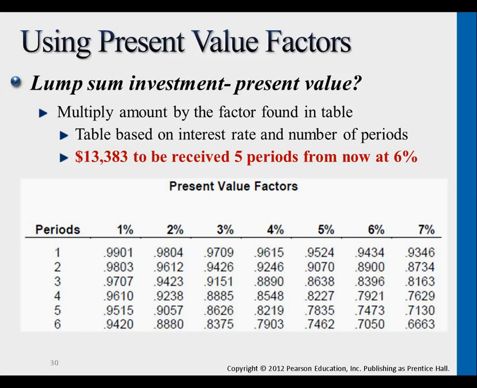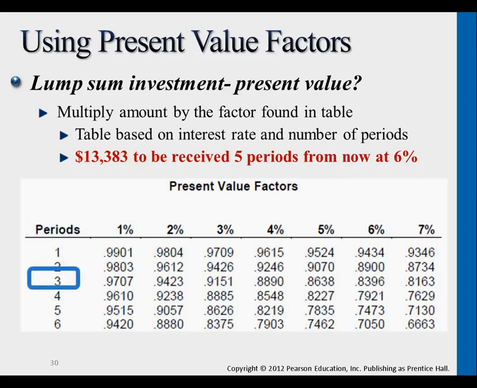We want 13,383 to be received 5 periods from now at 6%. We want to calculate the present value of this amount in 5 years if we invested at 6%. My present value is the value of that amount today, right now.